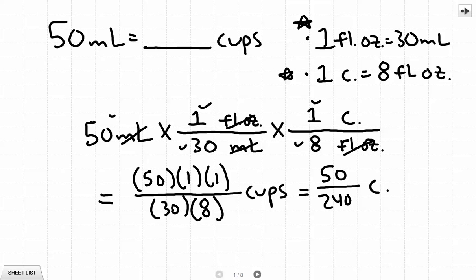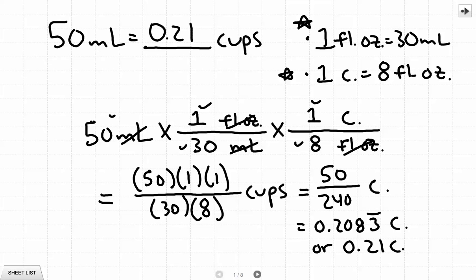And when you take 50 and divide it by 240, you end up with 0.208 and a bunch of repeating 3's cups, which is the same as 0.21 cups. So for our final answer, we have 50 milliliters is equal to 0.21 cups.